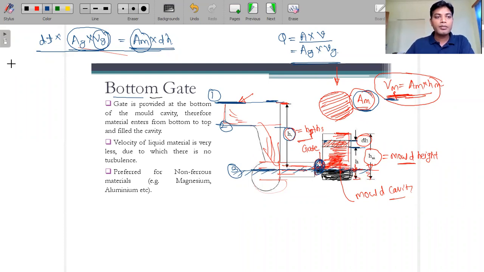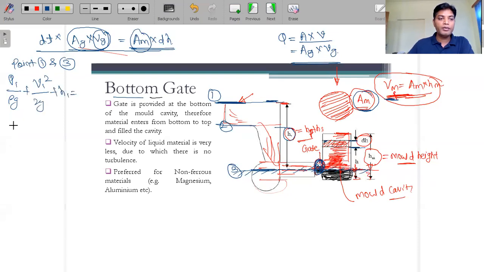So Bernoulli's equation between point 1 and 3: P1 by rho g plus V1 square by 2g plus H1 equals P3 by rho g plus V3 square by 2g plus H3.